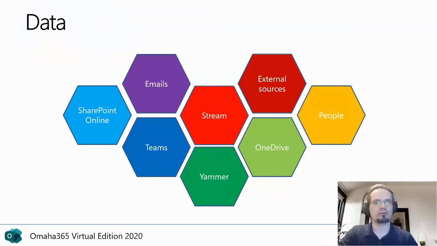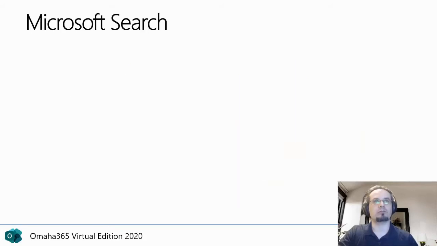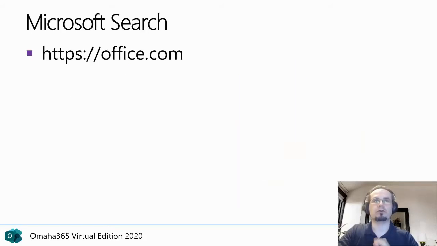Okay, go back to our slides. There are, of course, external sources, but it depends on our other resources, and I will show you how to get this using search later, because it's also possible. So Microsoft Search. First, go to the office.com page, and there's Microsoft Search.